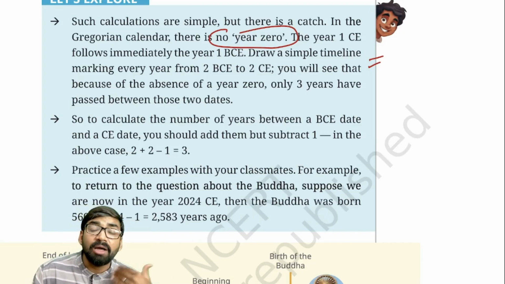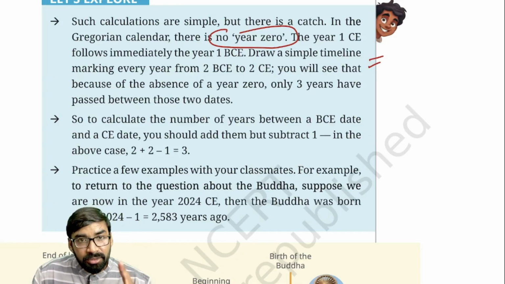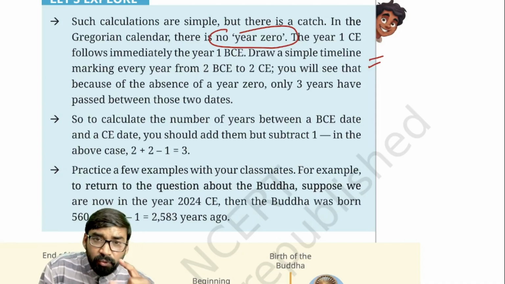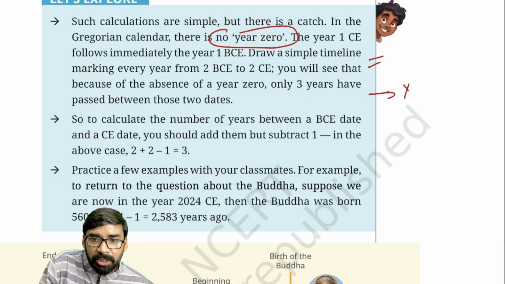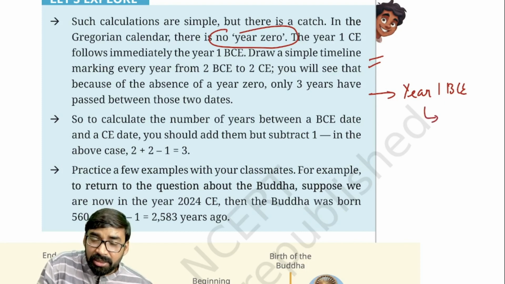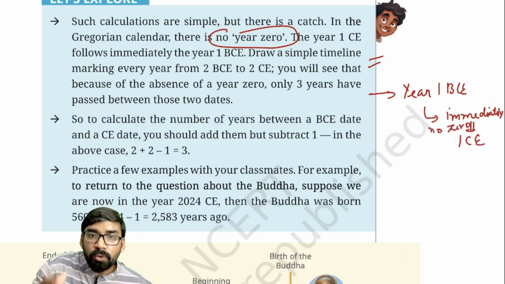Now you will say, sir, then how was it started? Try to understand: when I said there is no 0, that means after year 1 BCE, immediately, remember this, comes 1 CE, which means there is no 0.